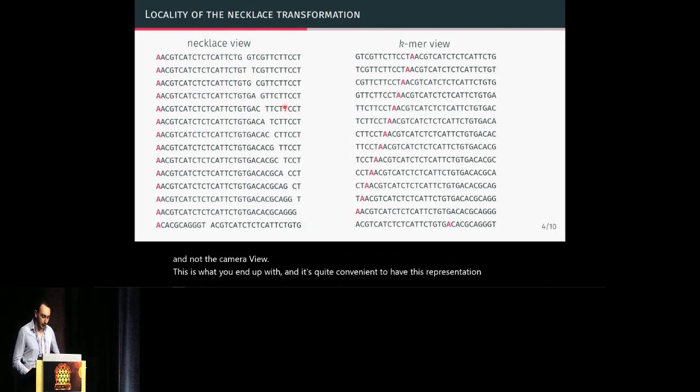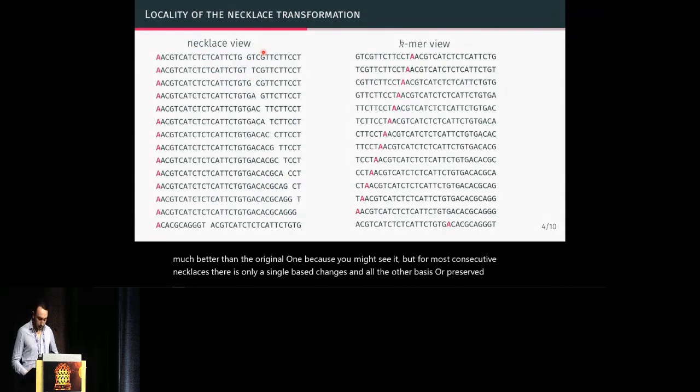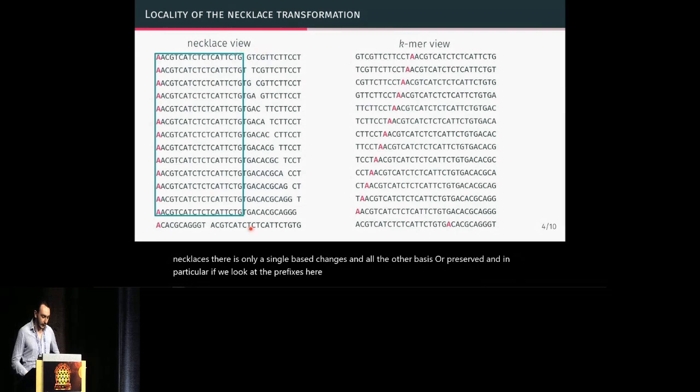It's much better than the original one, because you might see it, but for most consecutive necklaces, there is only a single base that changes, and all the other bases are preserved. And in particular, if we look at the prefixes, here you can see that all these prefixes are the same. So we can exploit that.